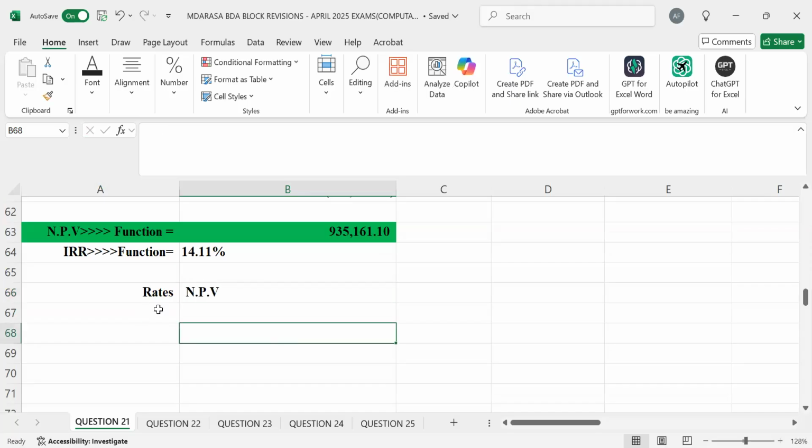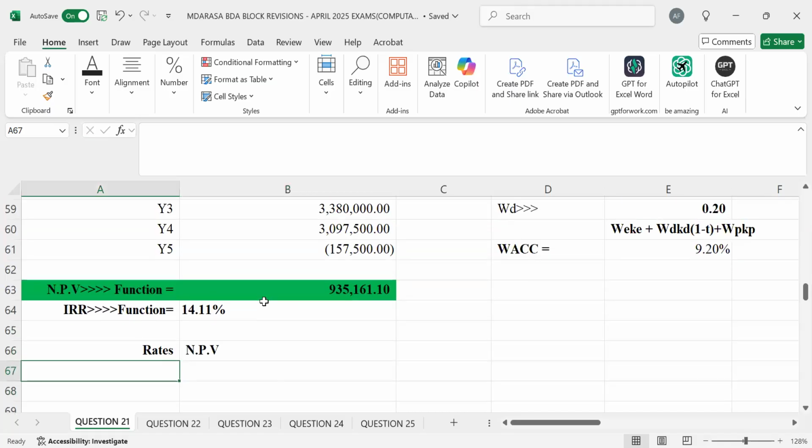Rates and NPV. So we can either consider a range from 0%, increasing at 2%, plus 2%.